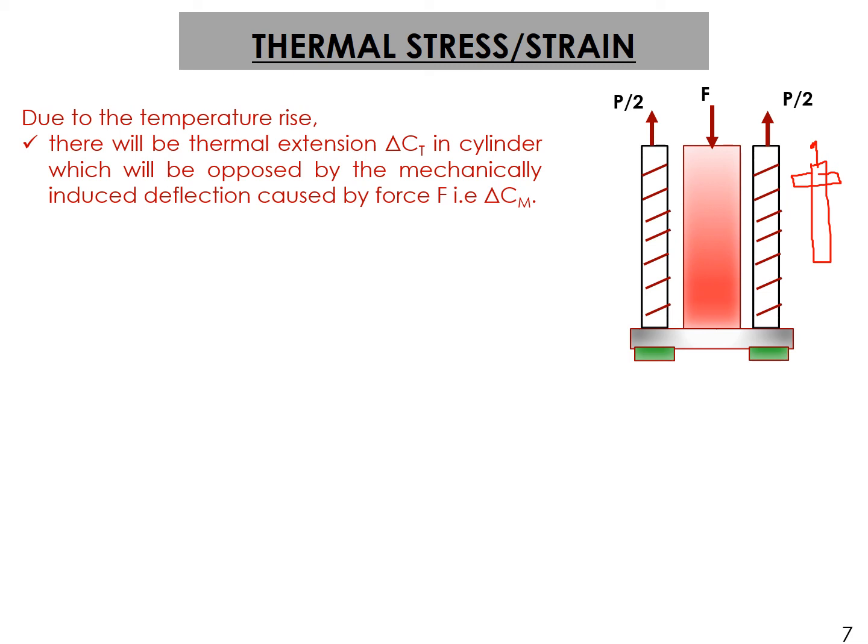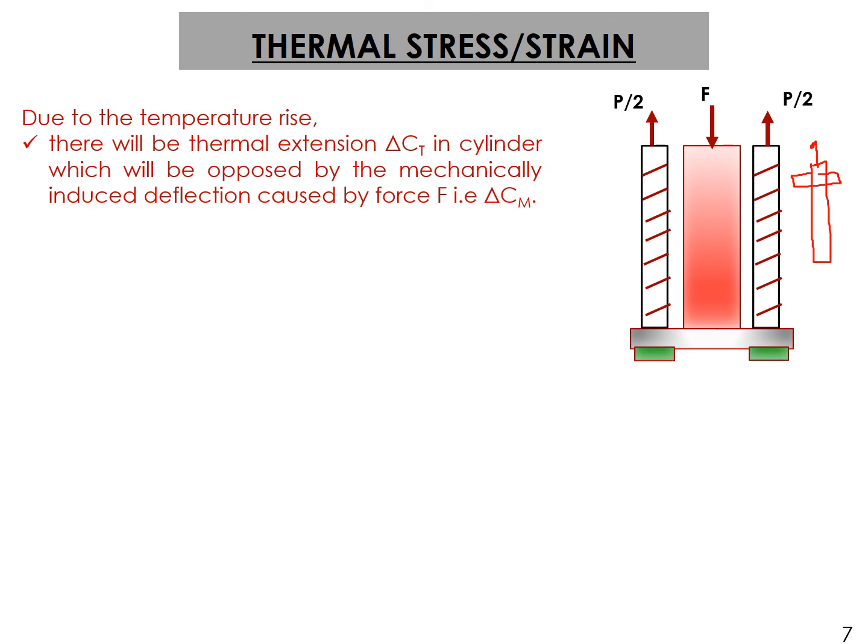Due to the temperature rise, there will be thermal extension in the cylinder, that we know, which will be opposed by the mechanically induced deflection caused by force F. So that's delta Cm. So never forget, in this case you have thermal as well as mechanical. They go hand in hand.